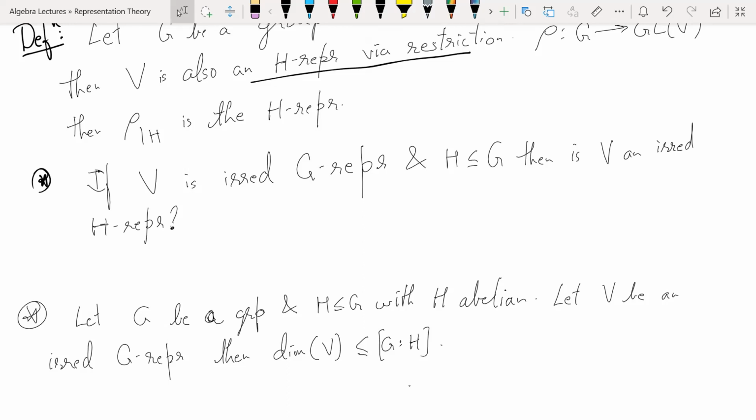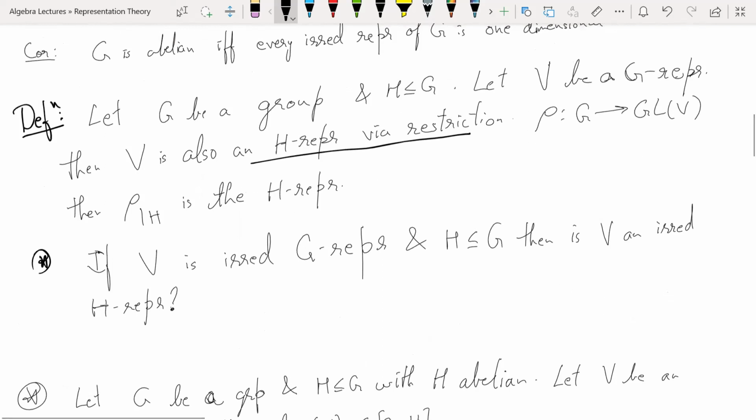You can use that to prove this: if V is an irreducible G representation, then you can show that dimension V is at most the index G colon H. It can't be more than that. Okay, so let's see how.